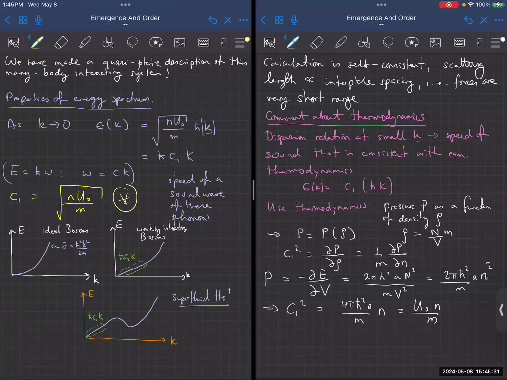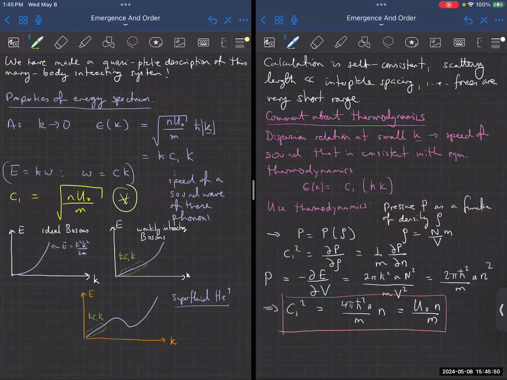So what I've shown you is I can calculate the speed of first sound in two ways. I can calculate it directly by reading it off from the energy as a function of K, and I can calculate it from the ground state energy of the system by using thermodynamics.